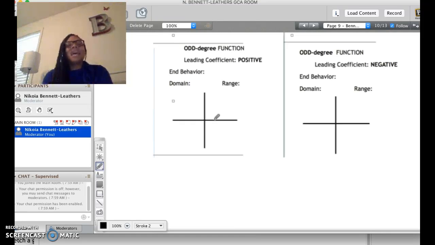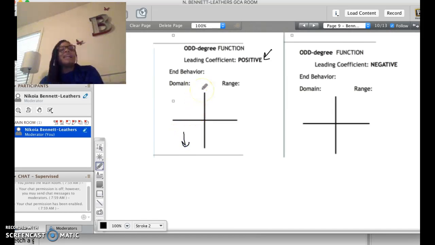Now, if I looked at that leading coefficient on an odd degree function, if it was positive, the end behaviors of the function would do exactly what we felt, which means if I was on the negative side of the x-axis, f of x is going to be going down, in a negative direction. And if I was on the positive side of the x-axis, f of x would be going up.